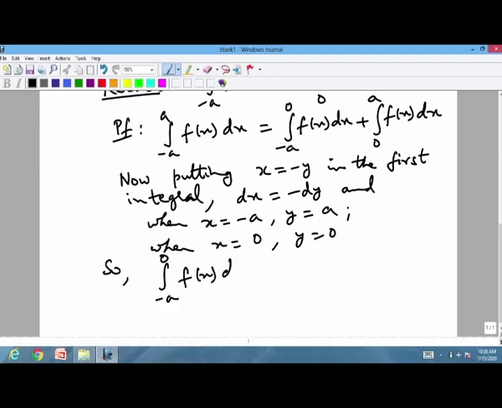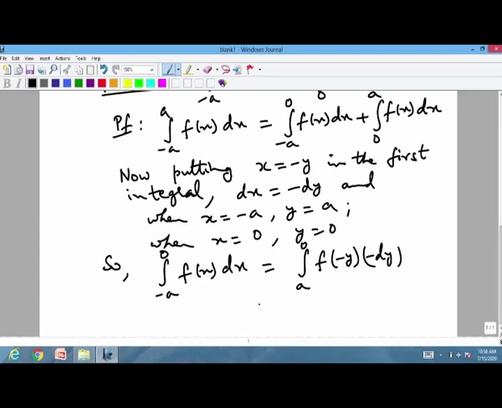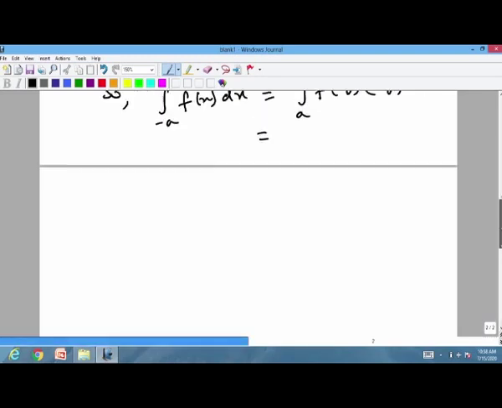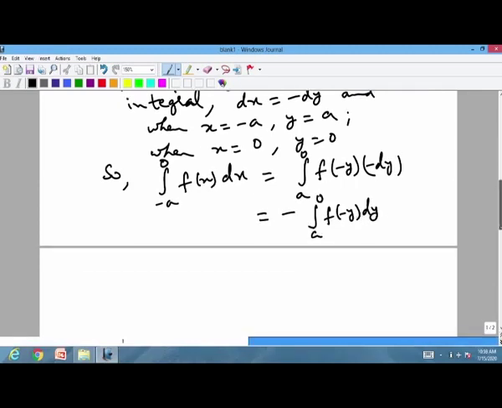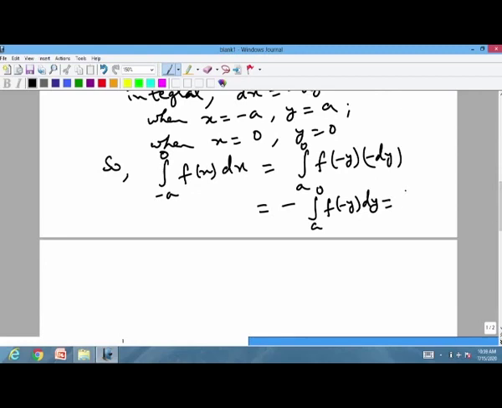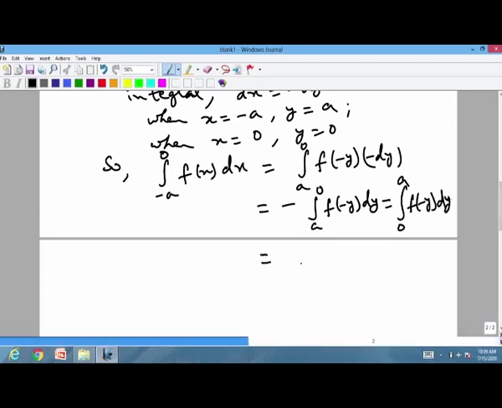So, integral of minus a to 0 f x dx can be written as integral from a to 0 of f of minus y, and dx is minus dy, which is same thing as minus of integral a to 0 of f of minus y dy, and this can be written as integral from 0 to a of f of minus y dy, which can also be written as integral from 0 to a of f of minus x dx.